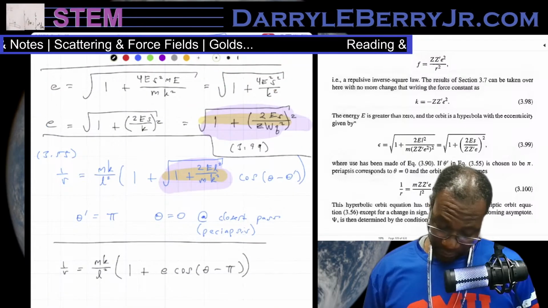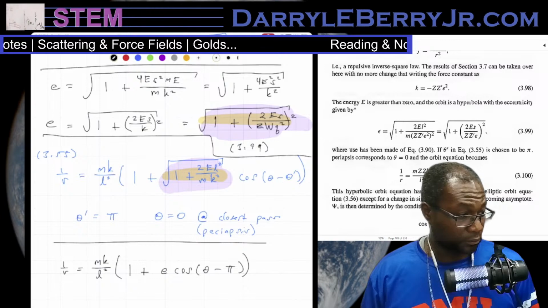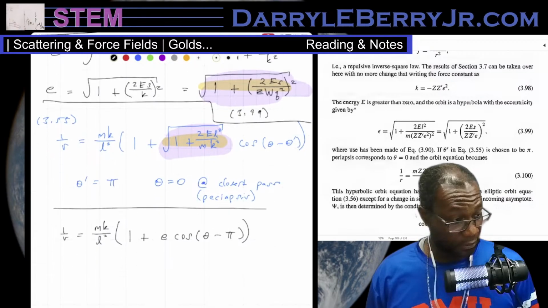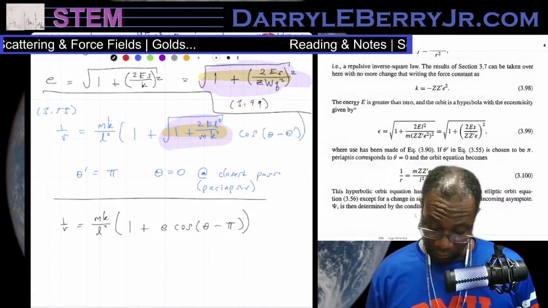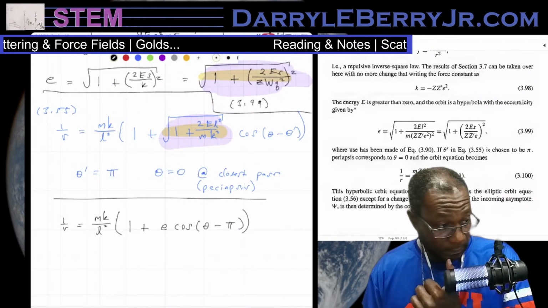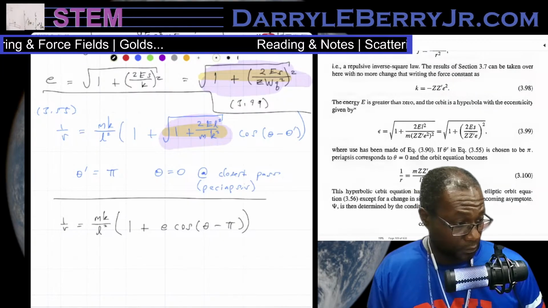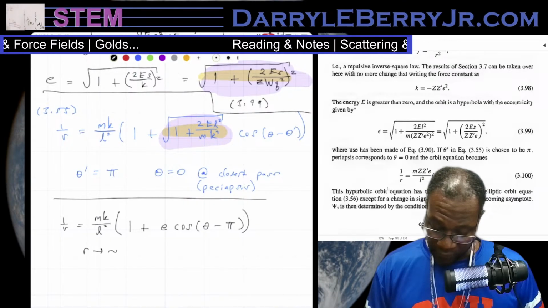So this is saying that, what was it? The book says we have this. The condition is also that r goes to infinity.